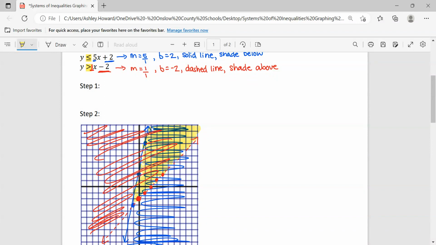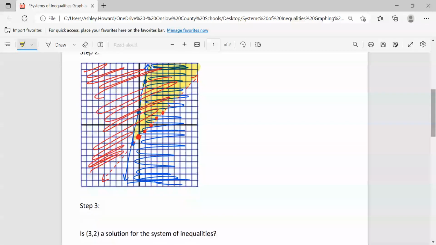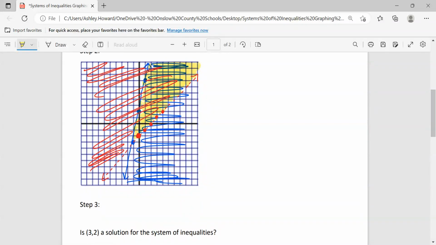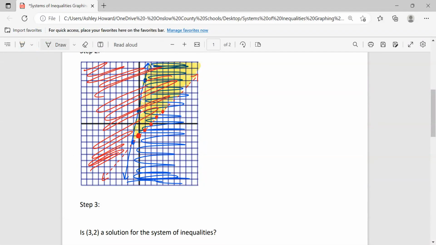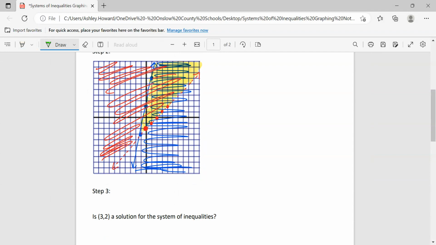Now you guys might have a question at the bottom here. It's asking us, is (3, 2) a solution for the system of inequalities? There are two ways that we can decide this. We can either plug in those numbers to the system of inequalities and solve to see if it makes true statements, or we can just graph this ordered pair on the coordinate plane and see if it's in that overlapped section.